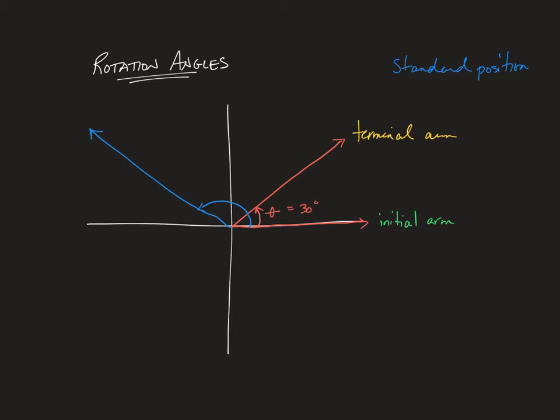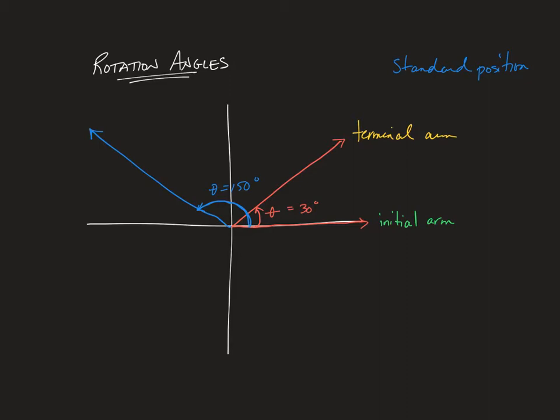So I went my 90 degrees plus some extra. Let's just say that that extra I went was like 60 degrees. Well, my 90 plus my 60 would tell me that in this instance, that angle theta would equal 150 degrees. And so I can start to create angles that are larger than 90 degrees.